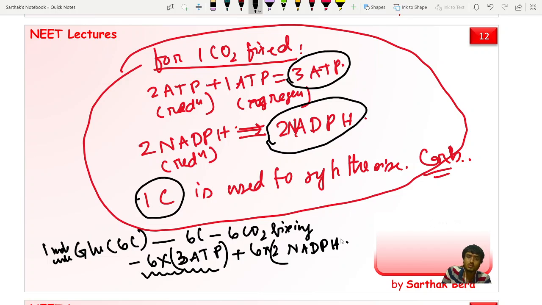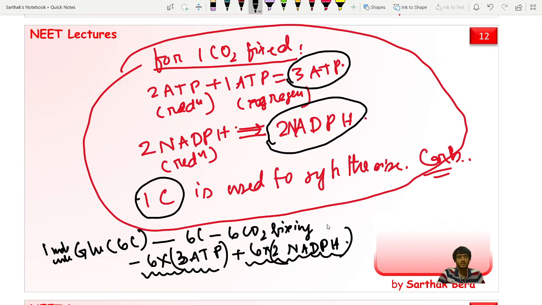Why? Because 2 NADPH is used in using 1 carbon to synthesize carbohydrate, or fixing 1 CO2 in the Calvin cycle. So 6 into 2 NADPH is used.